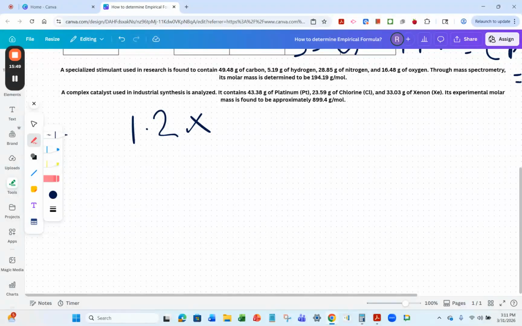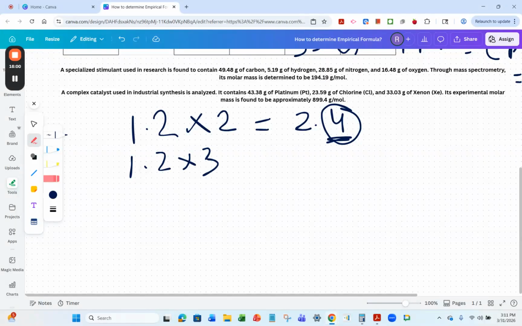So here I will start multiplying with 2. If I multiply with 2, my answer is 2.4. It's still not 0, it's 4. So I will go to the next number. Next is 3. If I multiply with 3, this is 3.6. After the decimal, it's again 6. No, I cannot use 3 either. So I will go to the next number.